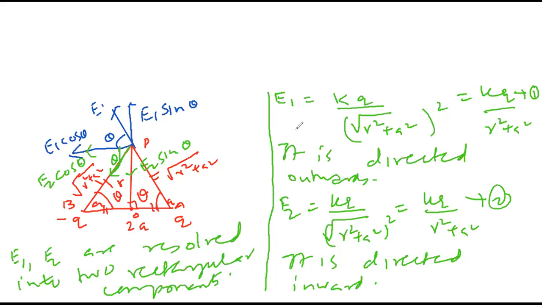You also wrote the E1 formula and E2 formula. Then E1 and E2 are resolved into two rectangular components. Yes, sir. Okay. Wait, sir. Waiting. Done, sir.